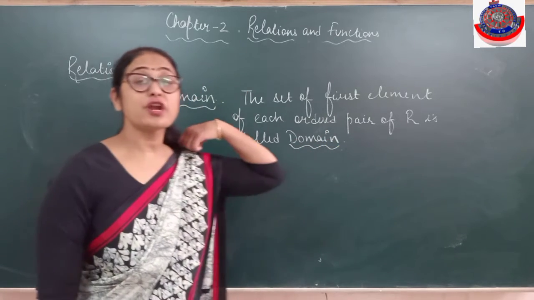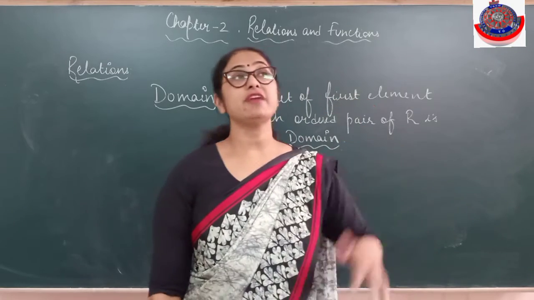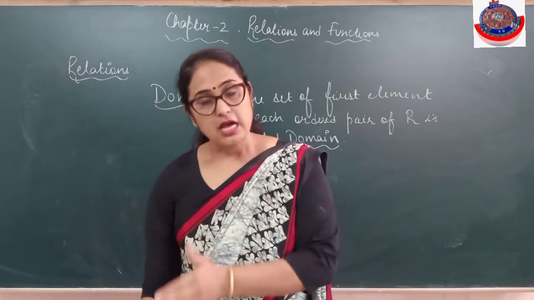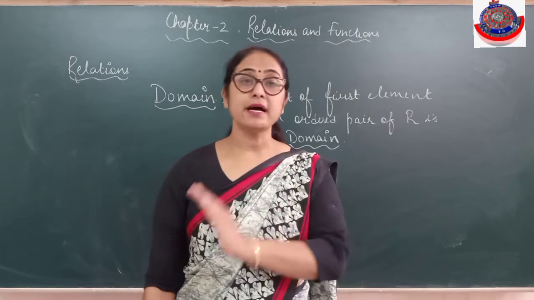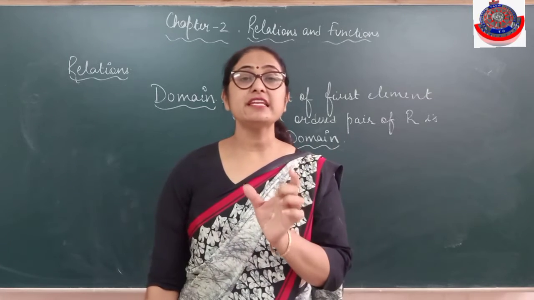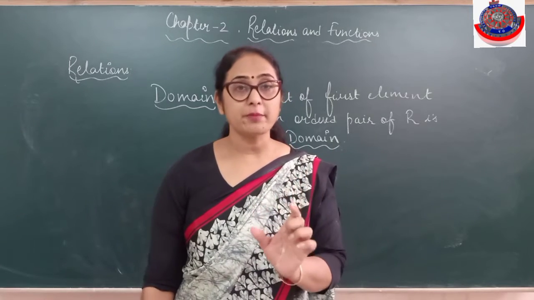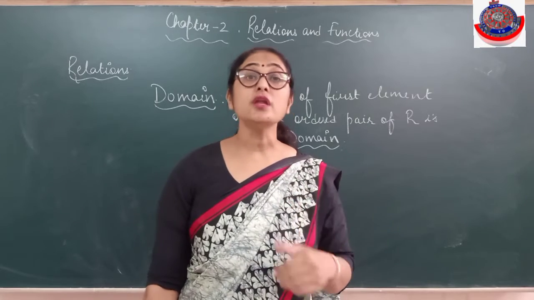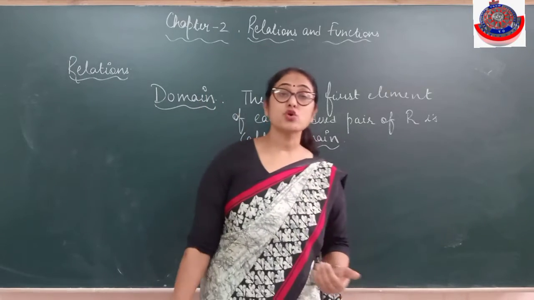That means whatever ordered pairs are there in the relation, like we have (A, Asha), (A, Ankita), (B, Bharti), if I list the first elements of all the ordered pairs, that set is called domain.